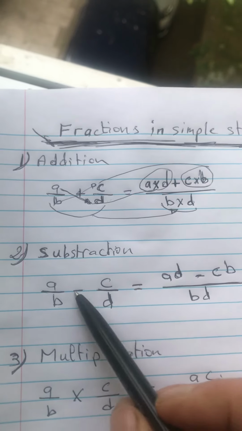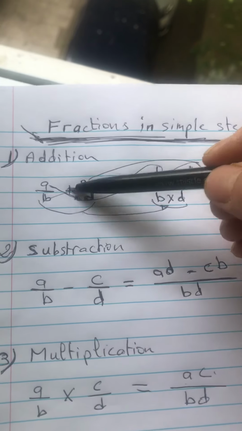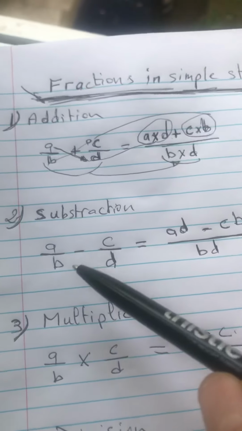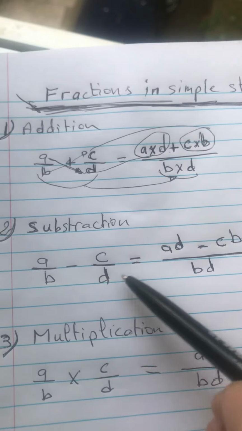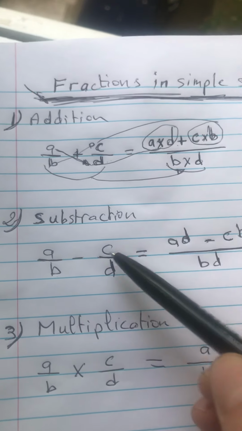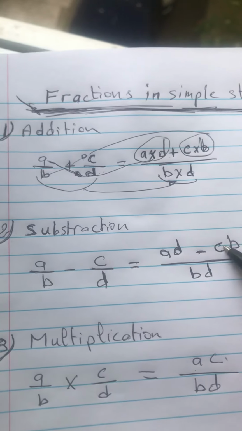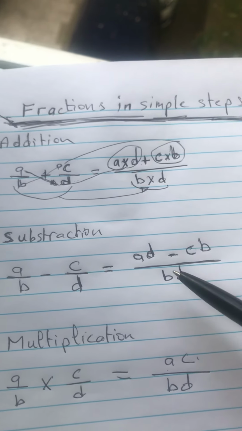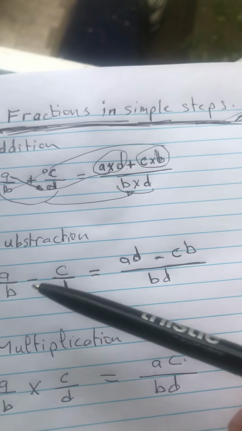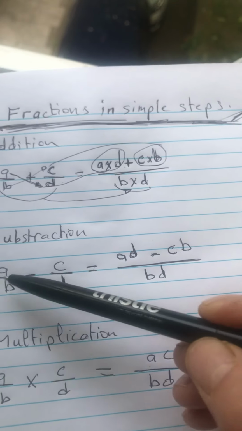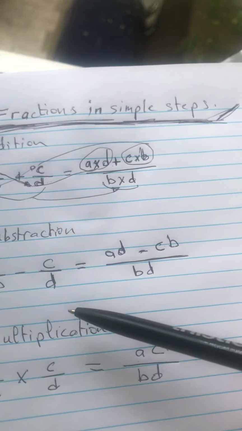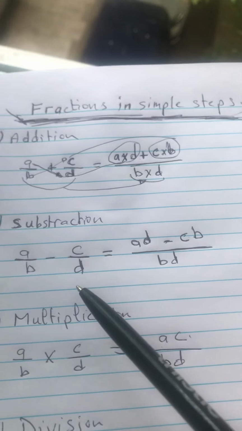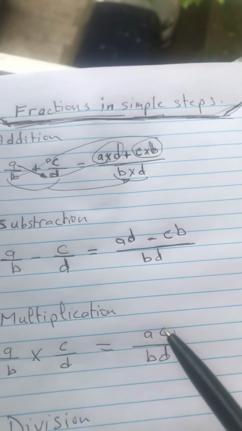If it's minus, in this case it is minus. If it's plus, we keep it as plus. So a d comes here, c b comes here. Now all you need to do is replace the letters with the numbers you have and apply the rule of a, b, c, d.